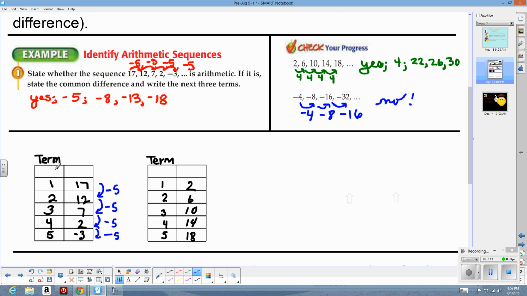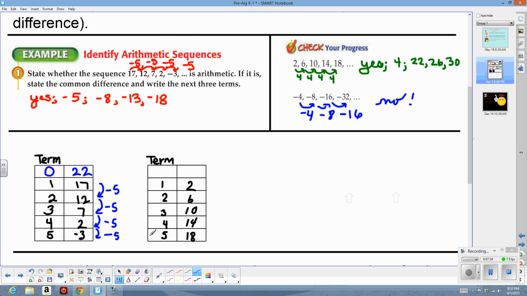Now, I want you to look back here and consider if I went backwards to the term before the first term. Instead of taking away 5, if I wanted to go backwards, I would add 5 on. If I add 5 on to 17, I end up with 22.